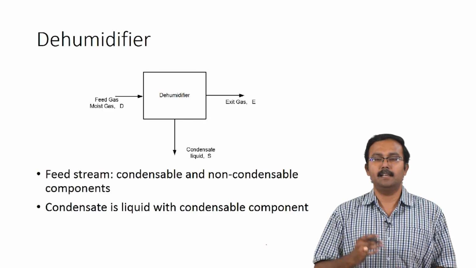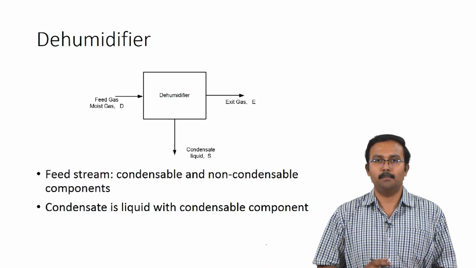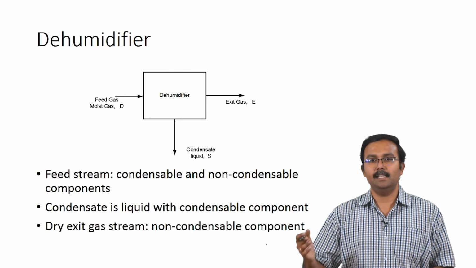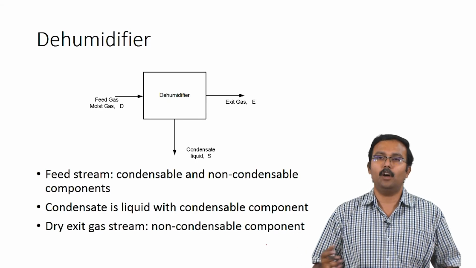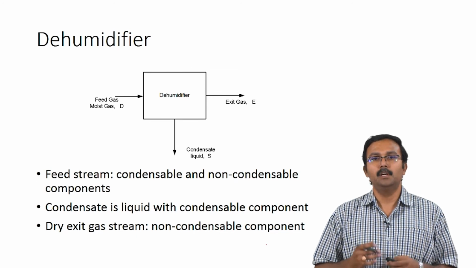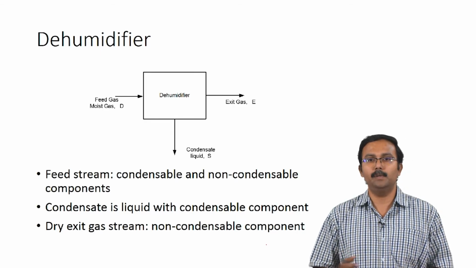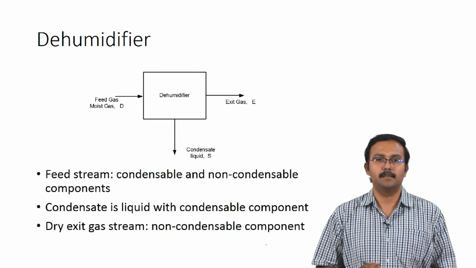The condensate which is formed is the liquid which contains only the condensable components, and you have a dry exit gas which contains the non-condensable component. The exit gas does not have to be fully dry, it can still contain some of the condensable component along with the non-condensable components.